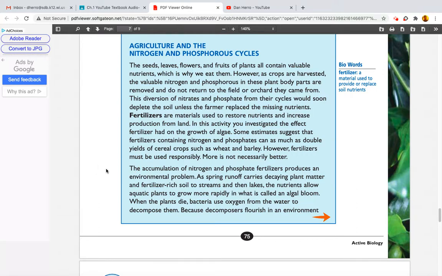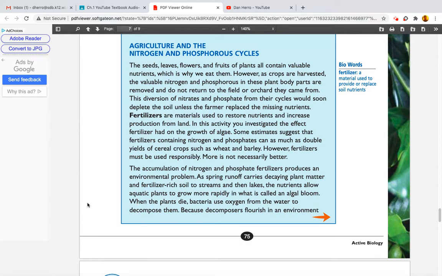The accumulation of nitrogen and phosphate fertilizers produces an environmental problem. As spring runoff carries decaying plant matter and fertilizer-rich soil to streams and then lakes, the nutrients allow aquatic plants to grow more rapidly in what is called an algal bloom, or I've also heard it called an algae bloom.